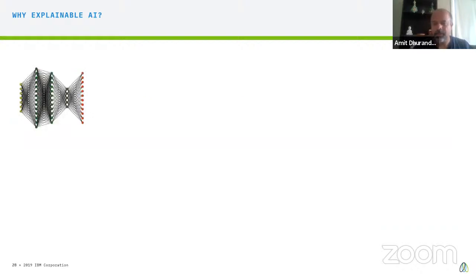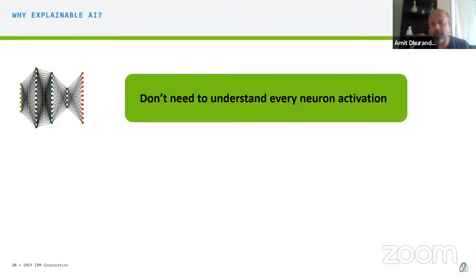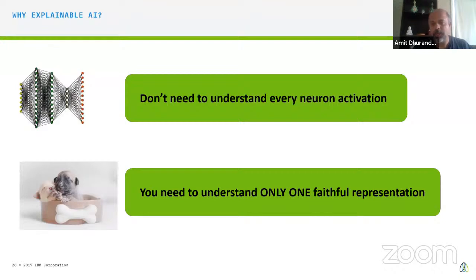So if someone says, you have some explanations, but how do you know this neuron is doing this or those sets of neurons are doing that, my point is that you don't have to understand every neuron activation or every layer activation. What you need is just one faithful representation of that, and that's sufficient to say that you understand the thing.